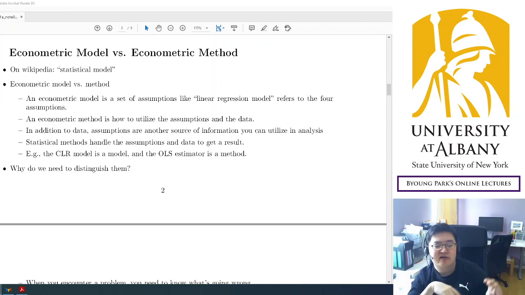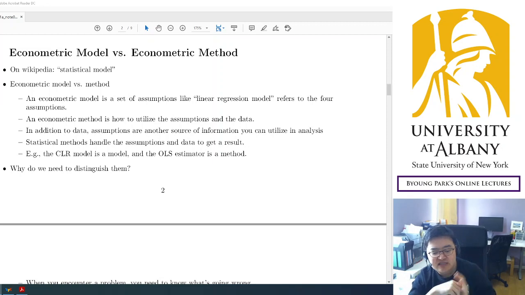On the other hand, based on those assumptions, you need to think about how to recover, or how you utilize the data, right? The ordinary least squares method is about computation and how to use the data. So that is the method.